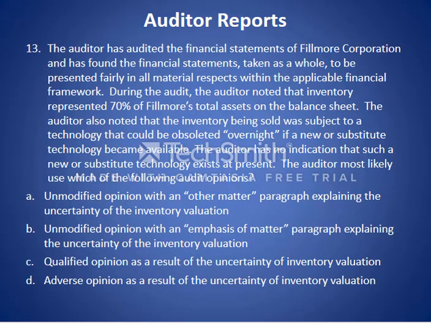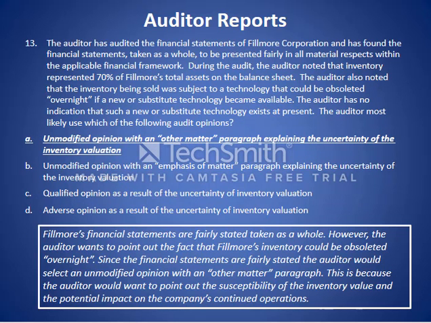Okay, let's take a look at the answer to question number 13. And again, the question is, the auditor most likely would use which of the following audit opinions, and the answer in this case is A. The auditor would issue an unmodified opinion with an other matter paragraph explaining the uncertainty of the inventory valuation.